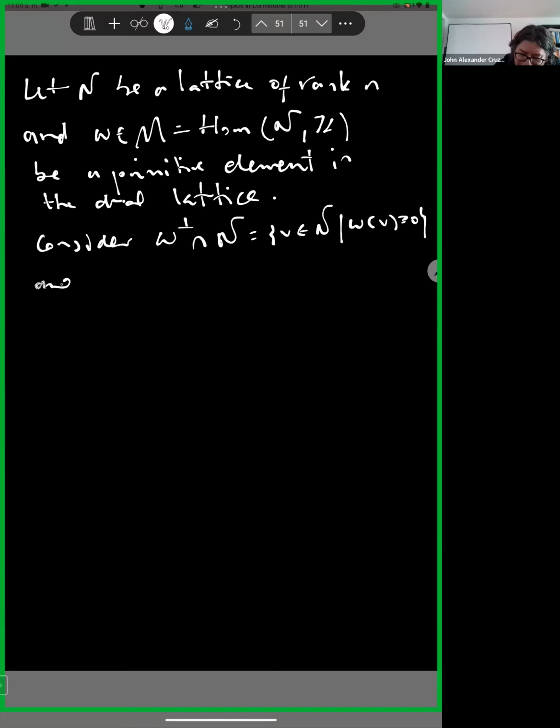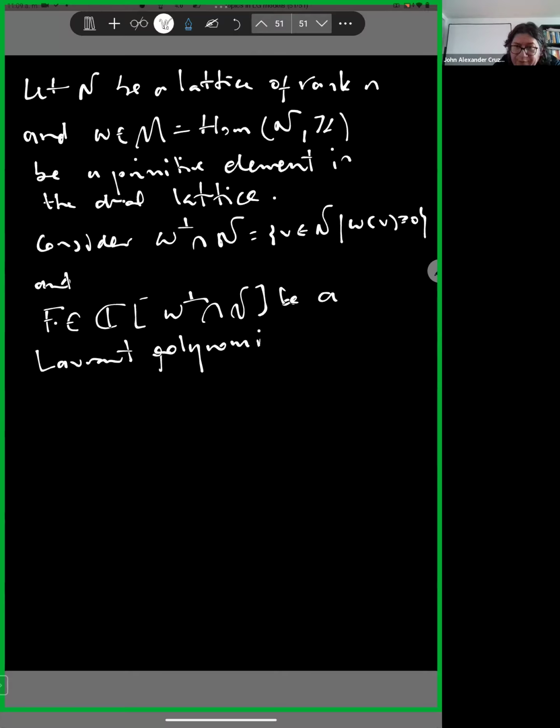And consider a Laurent polynomial, somehow in the zero graded piece of this ring.